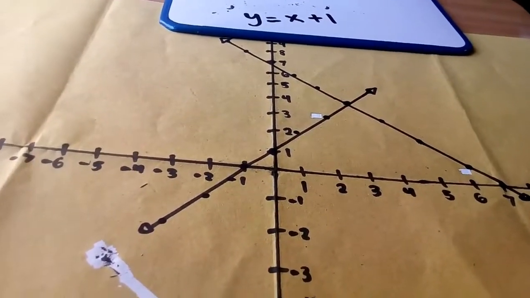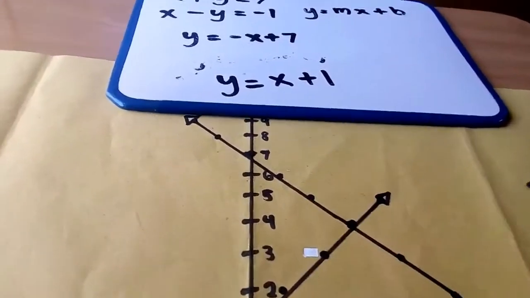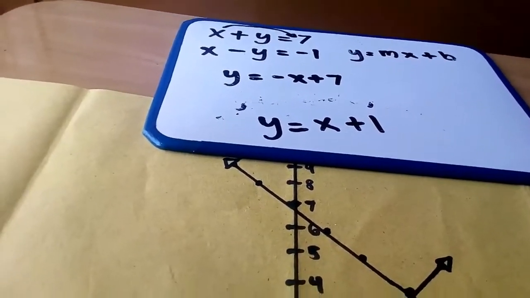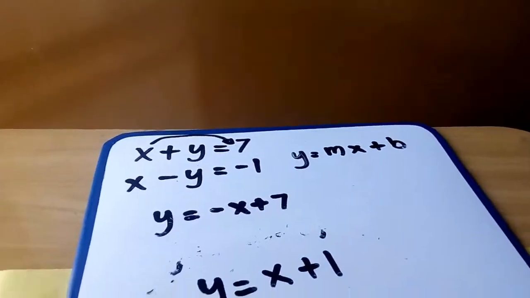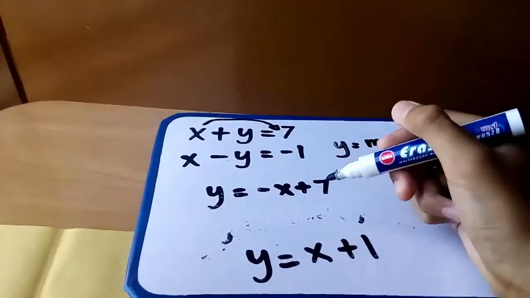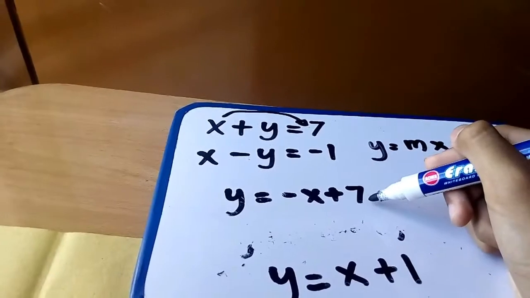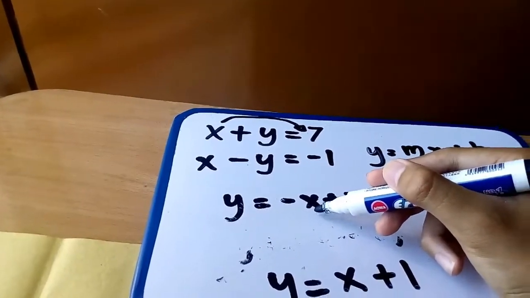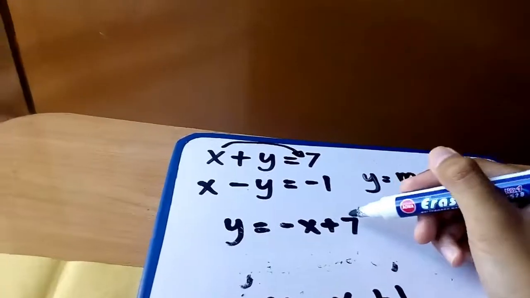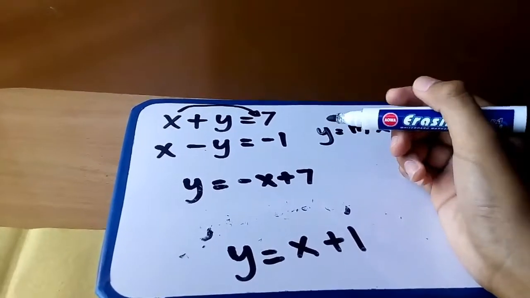So to graph, you must first look at the y-intercept and the slope. So these are very important for graphing.